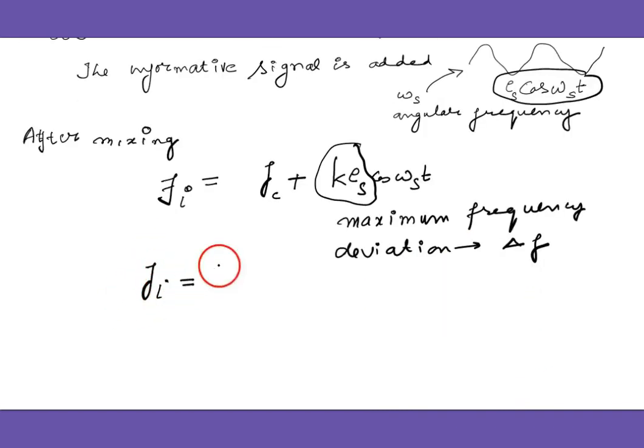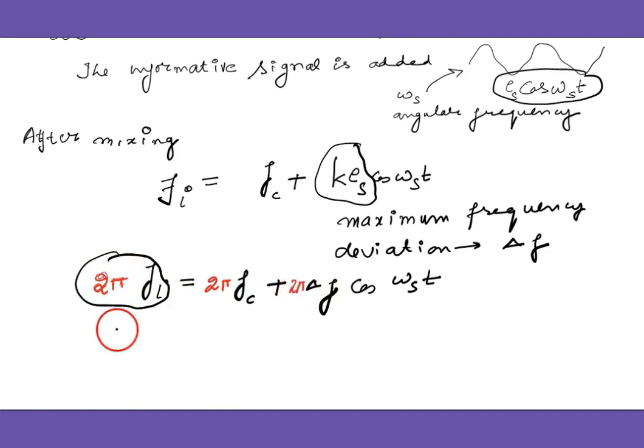The K is attached because of Es cos omega st. That's a carrier, there's a signal voltage, and multiplying by K means that it becomes the frequency. So we multiply by 2 pi on both sides, every term. So 2 pi f becomes omega.